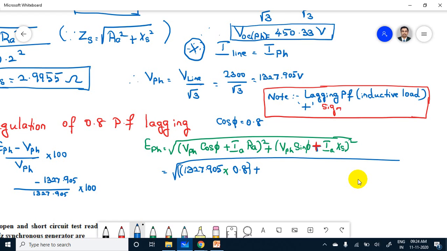Plus, put the whole bracket, plus again IA. What is the IA value?